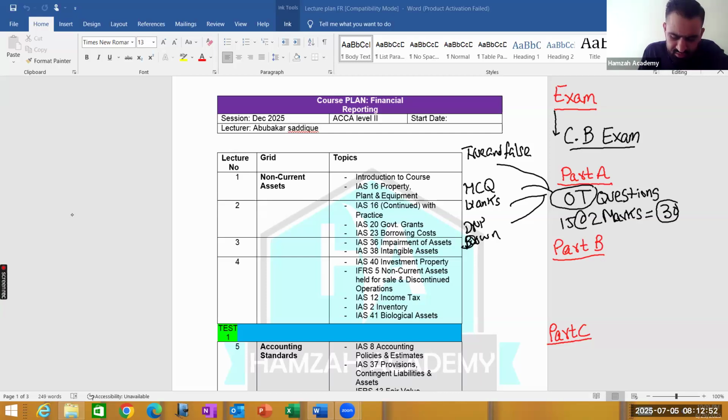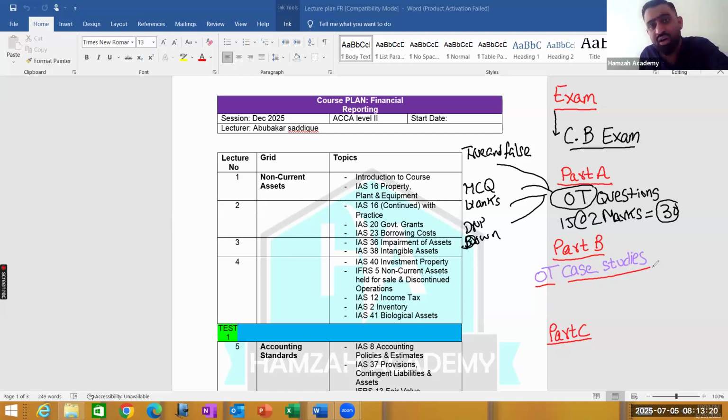Then the next will be Part B. In Part B, we will have OT case studies. OT case studies mean objective test case studies.